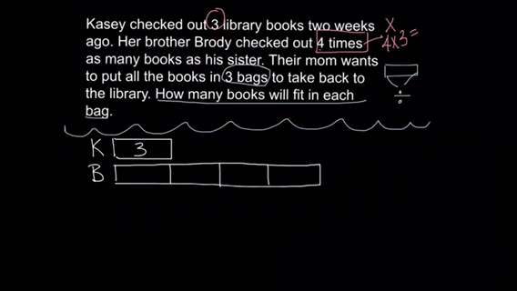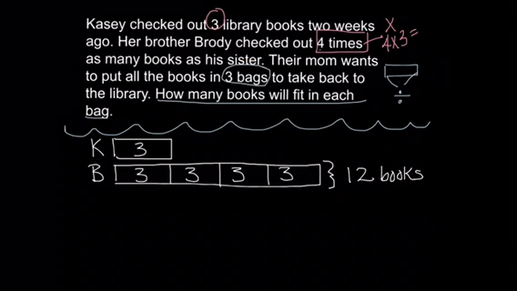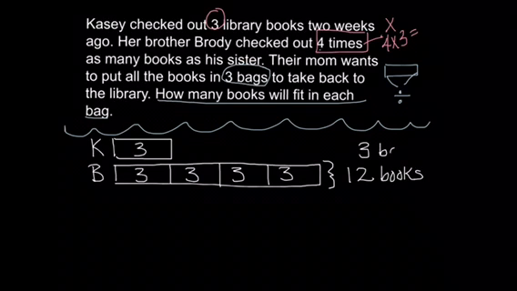Okay, so now Brody has 4 times as many books. This represents Brody's books, and if we do the multiplication there, 3 times 4 is 12 books. And Casey has 3 books.